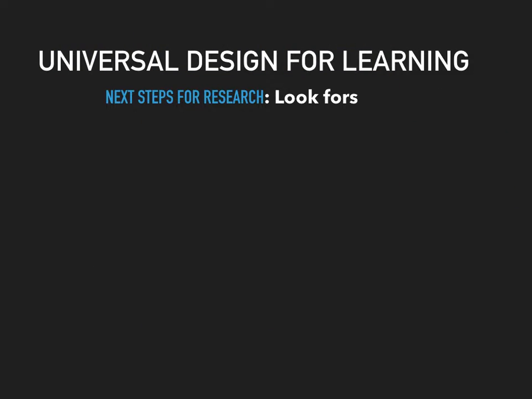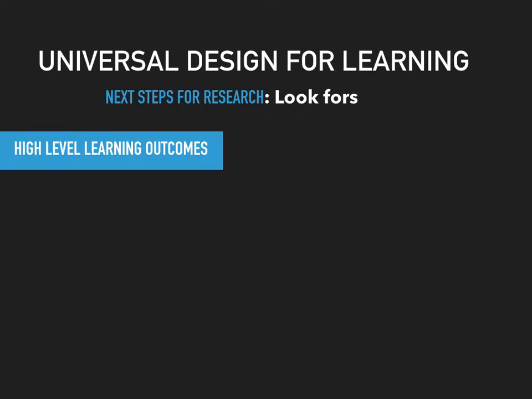So what should you be looking for as you look over quality research for UDL and as you maybe produce research related to UDL? What you want to be watching for is, does the lesson, the intervention, the instruction being intervened have high-level learning outcomes? For example, there's some research out there that uses UDL to teach vocabulary. I and several others in the field would argue that's not a UDL lesson.